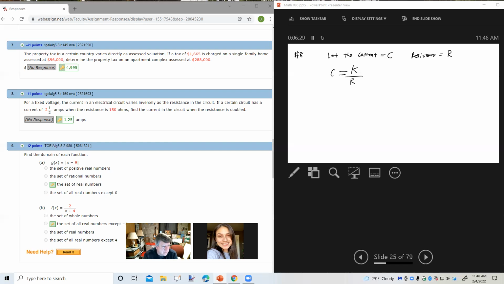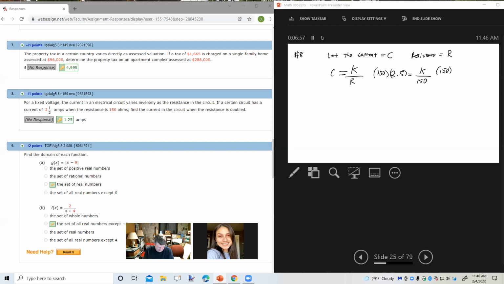All right. Now, if a certain circuit has a current of 2 and a half amps, I'm going to change that to a decimal, 2.5, when the resistance is 150 ohms. The reason I changed it is because in the next step, I'm going to multiply, and it's a little trickier to multiply a mixed number than it is a decimal number.